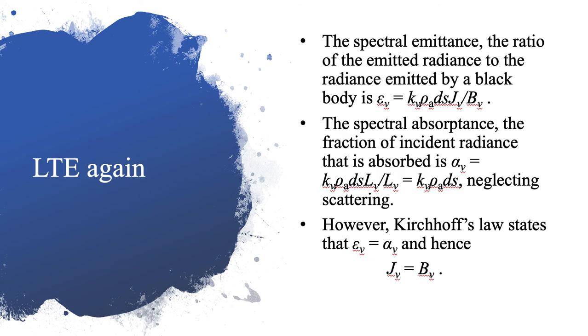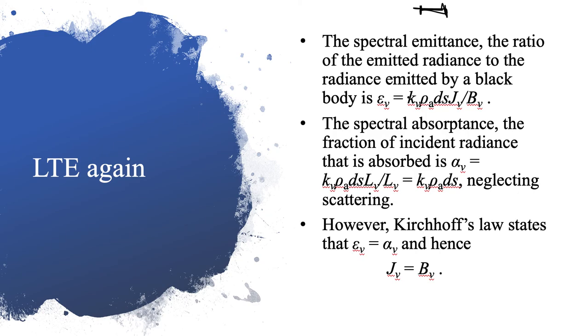Now, remember that the spectral emittance we define as the ratio of the emitted radiance to the radiance that was emitted by a black body. Let's say that the medium had a density rho A. Rho A times ds measures essentially the mass in this one dimension of the material.